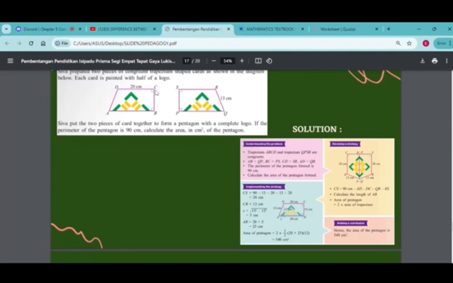CD equal to RS or SR. AD equal to QR or RQ. The perimeter of the pentagon formed is 19 centimeters. The question already gives the 19 centimeters.